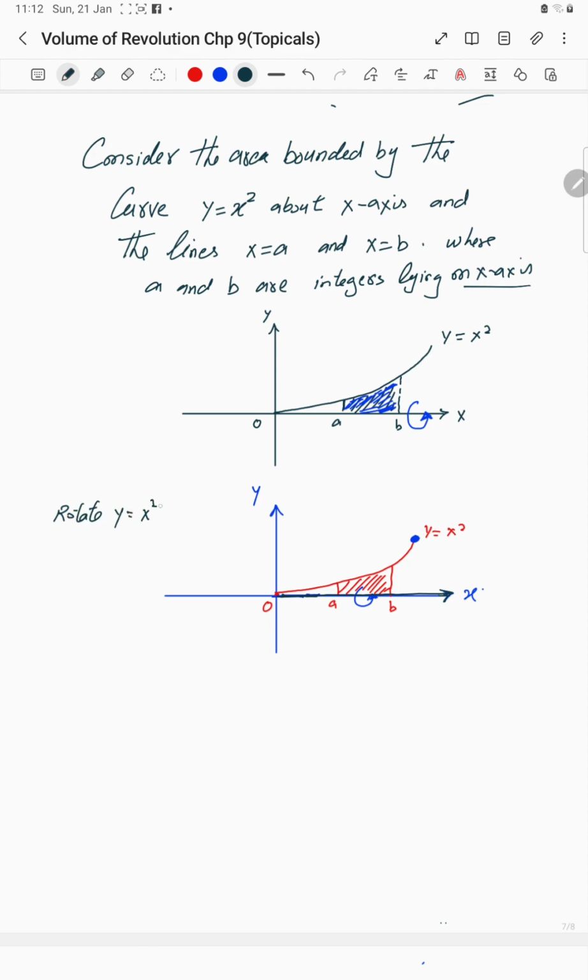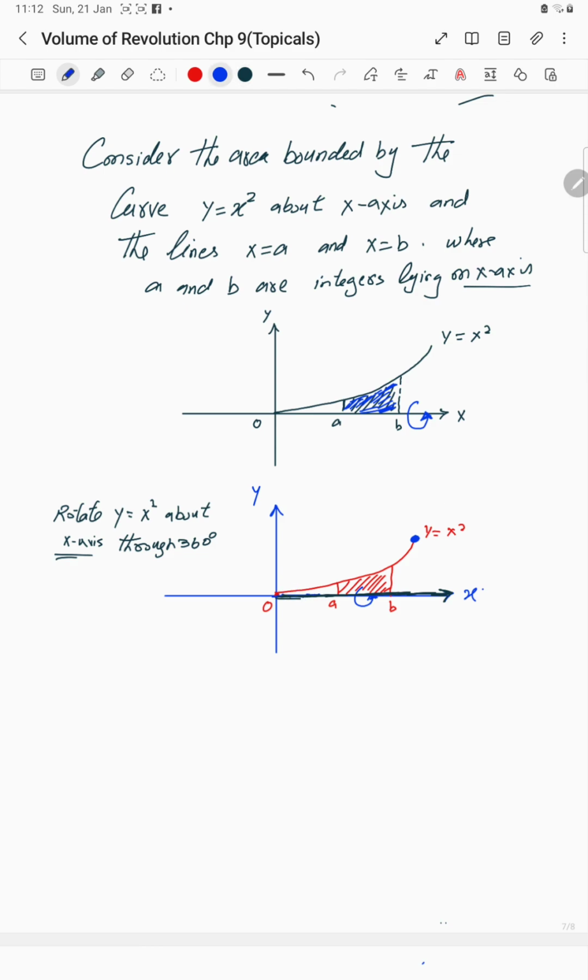Here what I'm doing is rotating y equal to x square about the x-axis through 360 degrees. You will see what will happen. As I told you, the x-axis, the black line here, will be the line of symmetry once I start rotating it along the x-axis.